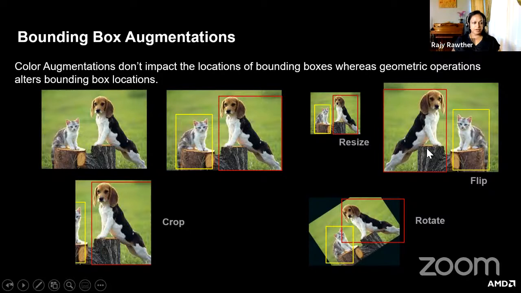And with the flip, both image and bounding boxes get flipped, and the same with cropping. You can see that the image gets cropped and so do the bounding boxes. And here is the thing: when you rotate, you still need to make sure that the bounding boxes can represent the objects in that particular image.